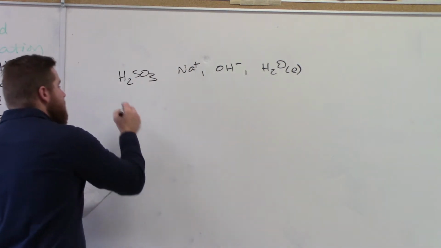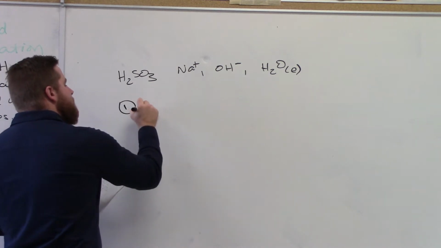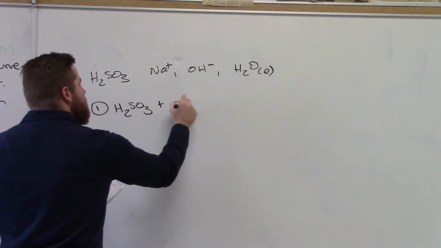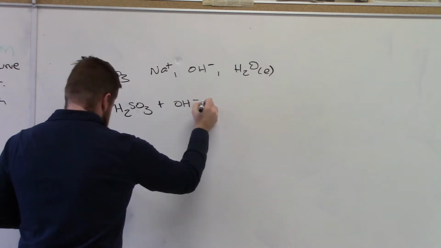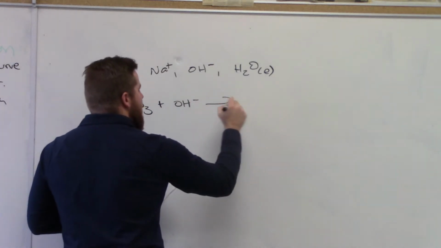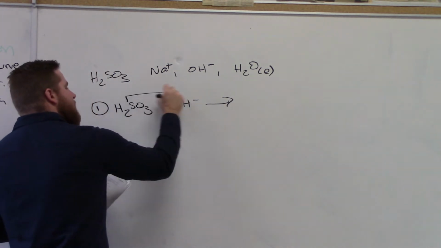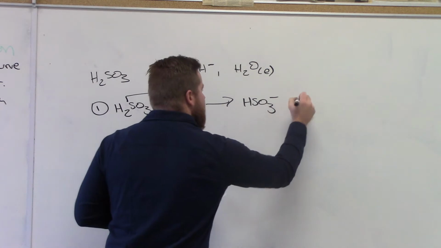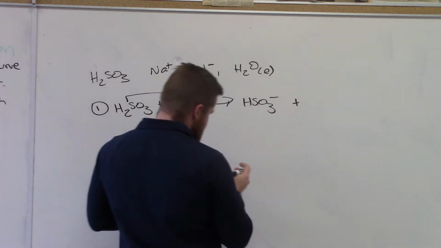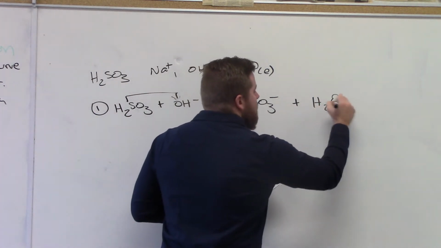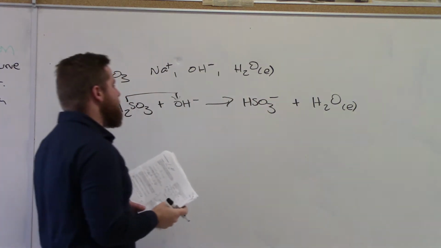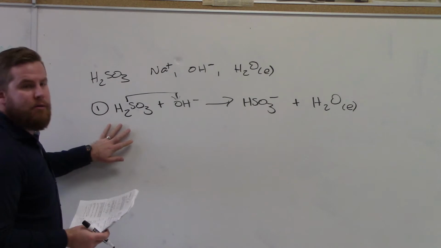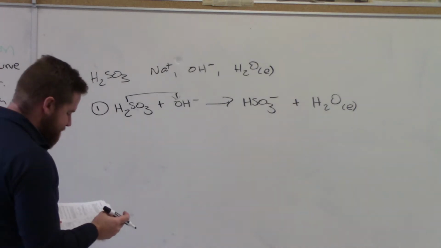My first reaction is sulfurous acid plus OH- quantitatively reacts, so that's the acid, to make HSO3- plus H2O. I need to do this in two steps, and remember the H2SO3 is polyprotic.